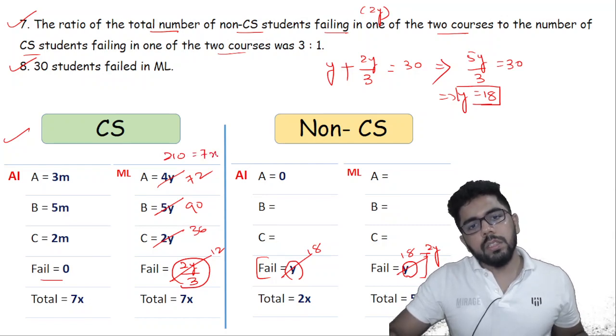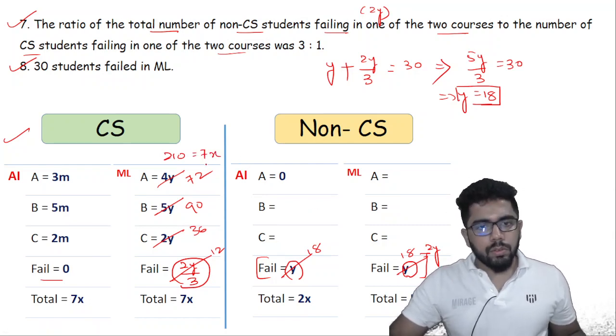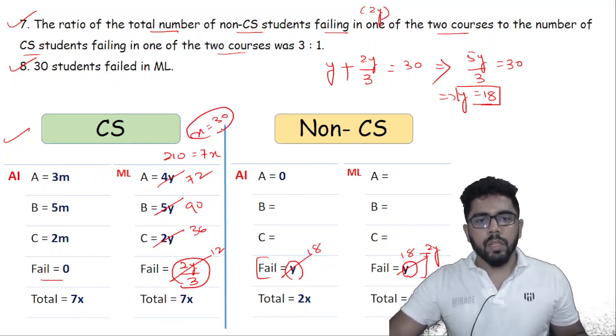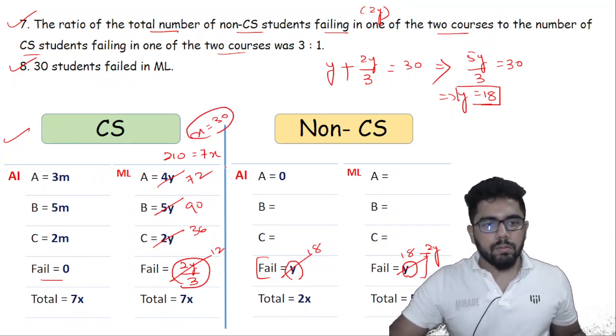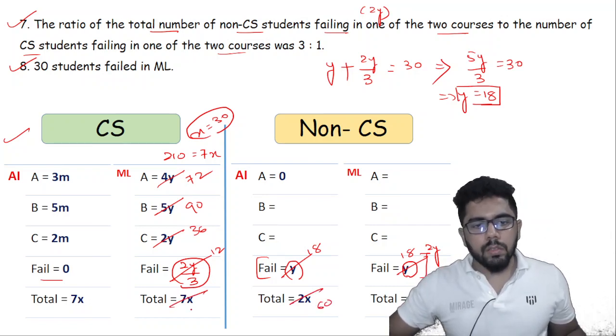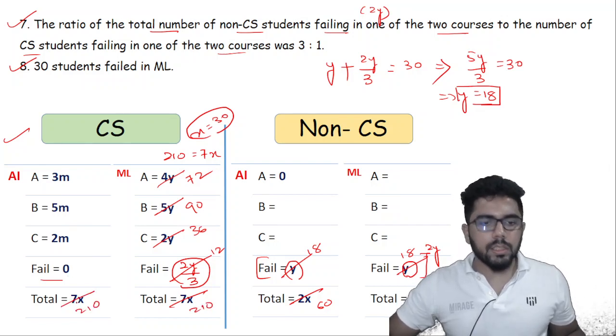And 210 is equal to 7x. So if 210 is equal to 7x, x is equal to 30. Now if x is equal to 30, accordingly 2x will become 60, 5x will become 150, 7x is 210 we have got, and then this is 0.